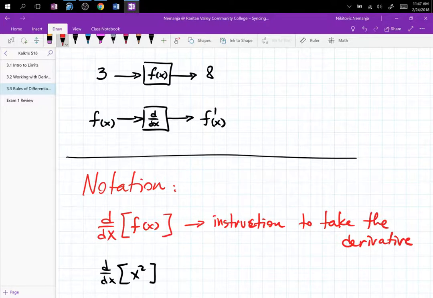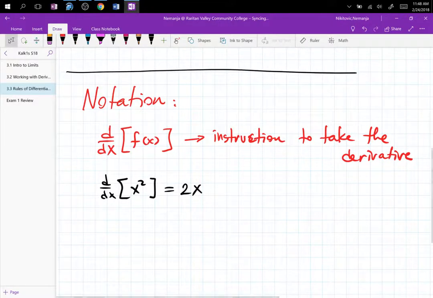So when you see this, the d dx, that is the instruction which says take the derivative of the function in the bracket. And then you will say, okay, the derivative of x squared is 2x because we learned it. That's coming up now. So that's the notation. d dx is the instruction.